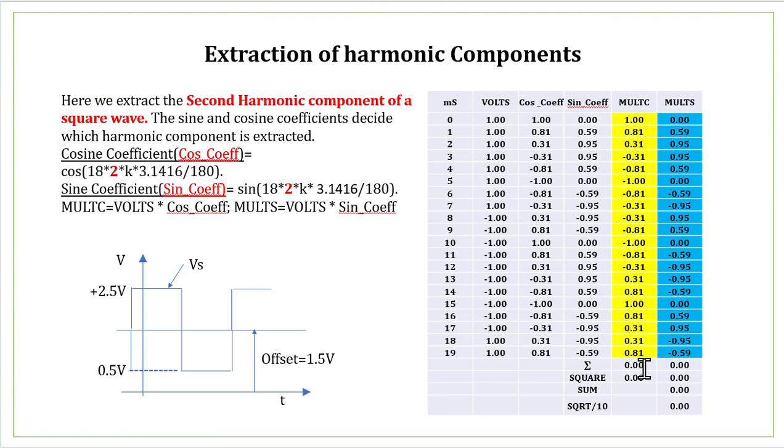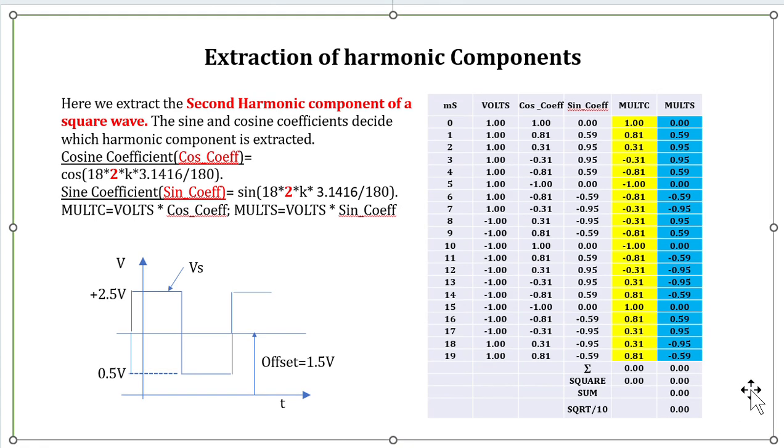This kind of waveform, which is symmetrical, repetitive, and fixed frequency. Now, similarly, this mult S also is 0, and therefore whatever operation you perform, you are going to end up with a 0. So our answer is second harmonic in this case is 0, which is what we expected.